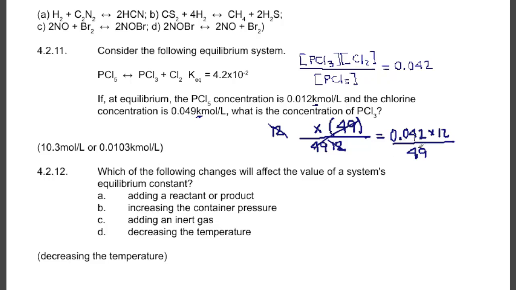So 0.042 times 12 divided by 49 will give us the value of X. If all goes well, 0.042 times 12 divided by 49, I get 0.0103 moles per liter.